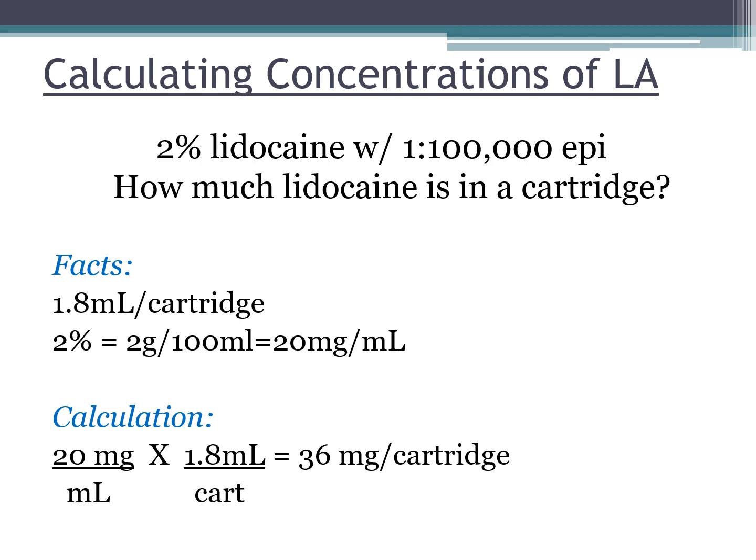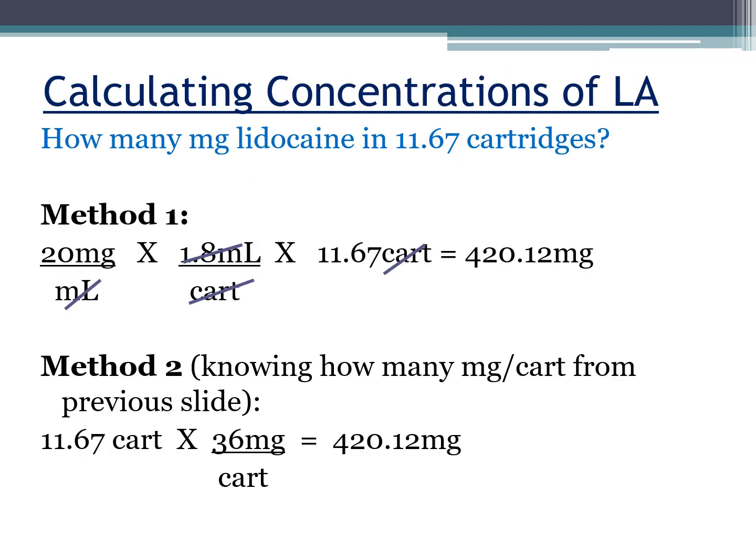So to calculate this, you multiply 20 milligrams per mL by the amount in the cartridge, and you will get 36 milligrams of lidocaine per cartridge.